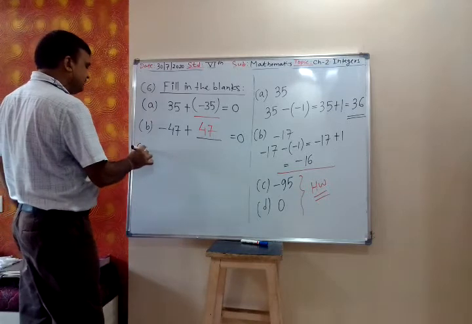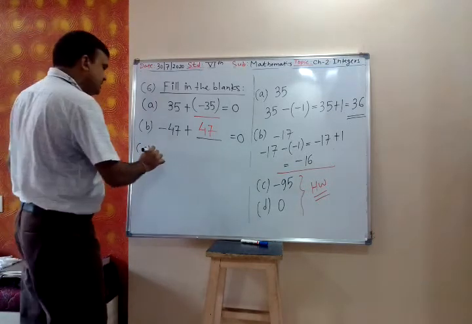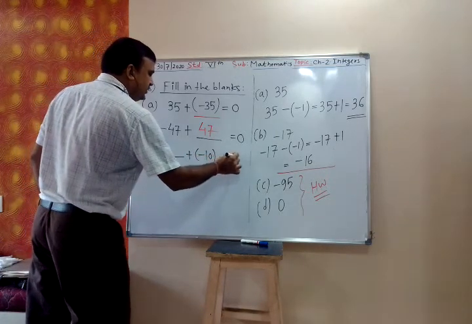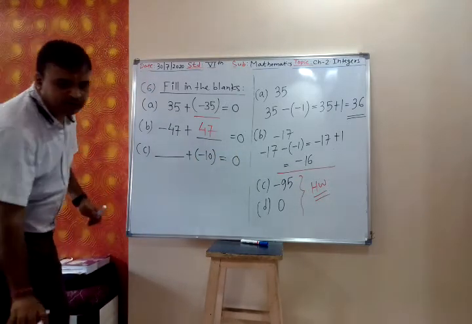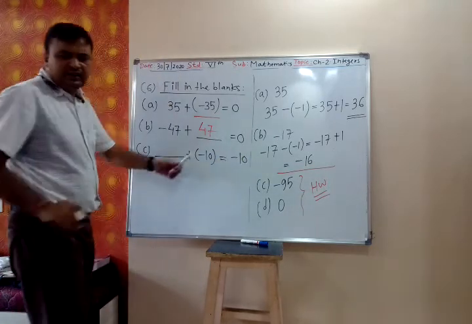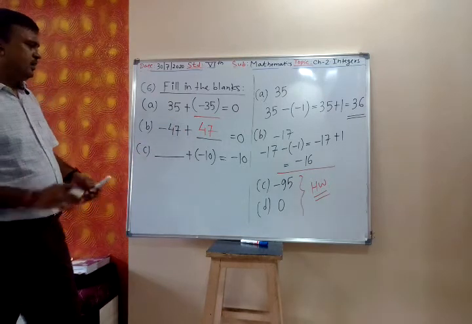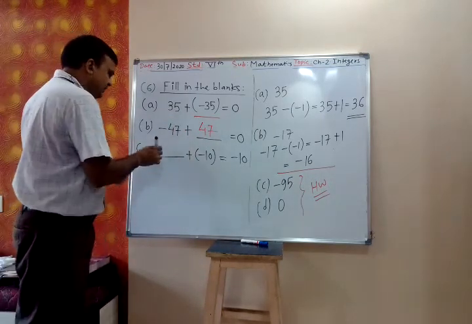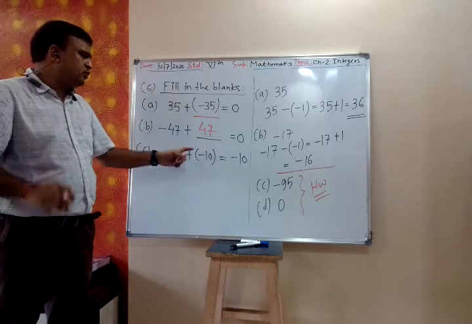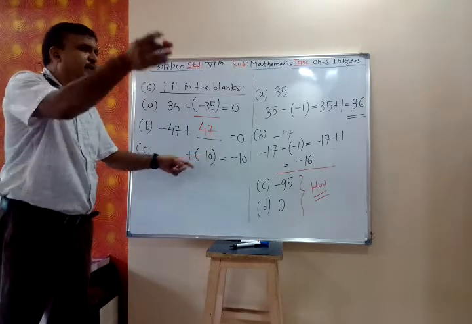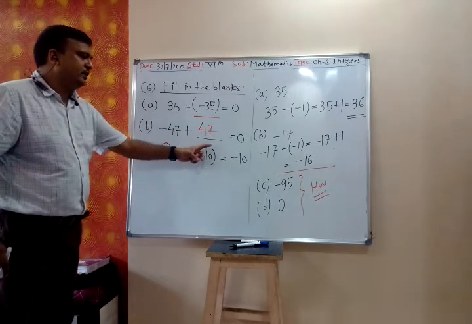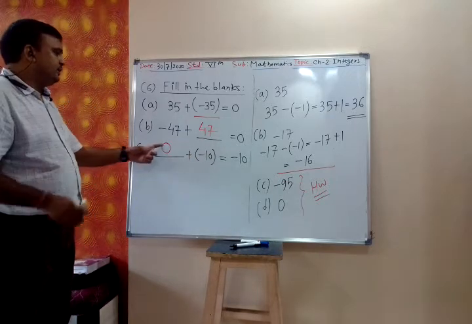Then part C: dash plus minus 10 is equal to minus 10, it is given. The answer is 0, because which number should be added to minus 10 so that you get the same number? 0.